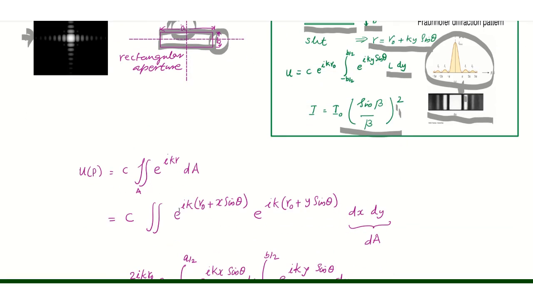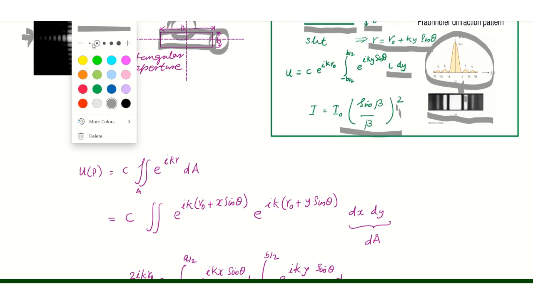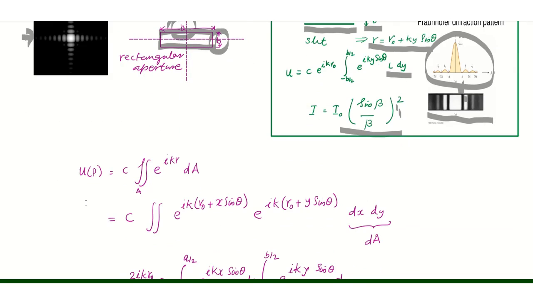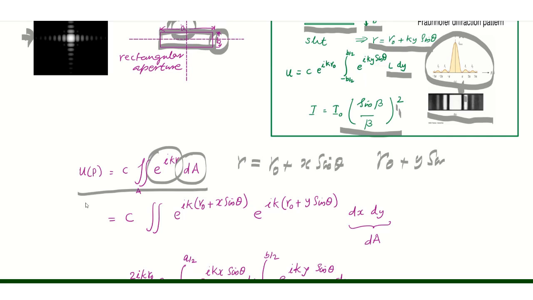Okay, let's start. This is your intensity pattern for Fraunhofer diffraction. That's the general expression. Now we are going to substitute for dA and e to the power ikr. As we have seen, we will take r in both x and y directions as r0 plus x sine theta and r0 plus y sine theta.